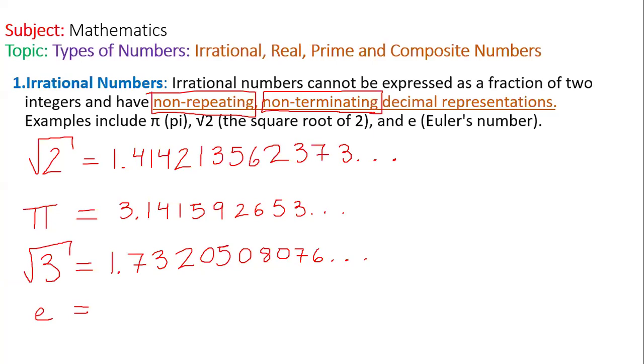Because I wasn't there yesterday, I didn't really learn the square root thing. Oh, okay. So square roots, if it's a perfect square, for example, the square root of 81 is 9 because 9 times 9 is 81. Or the square root of 25 is 5 because 5 times 5 is 25. Or the square root of 36 is 6 because 6 times 6 is 36. You understand what I'm saying?